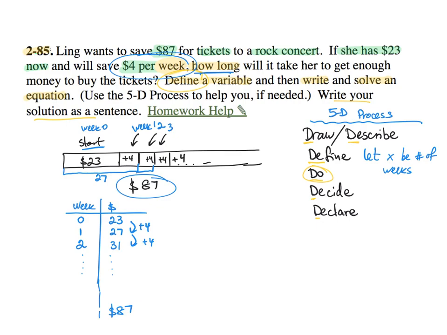Now they do want us to write an equation, so I'm going to use 87 as our total. Looking at my picture or my table, I know I'm starting with a certain amount, and every week, I already said let X be number of weeks, so how many groups of 4? So 4x equals, in groups of 4, and then 87.